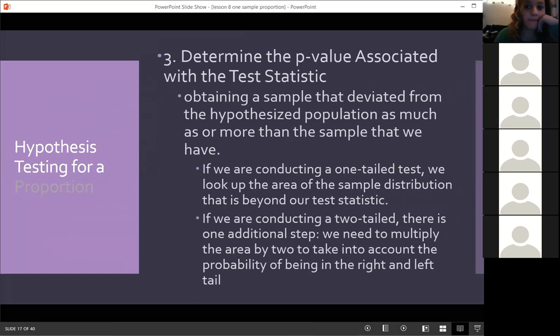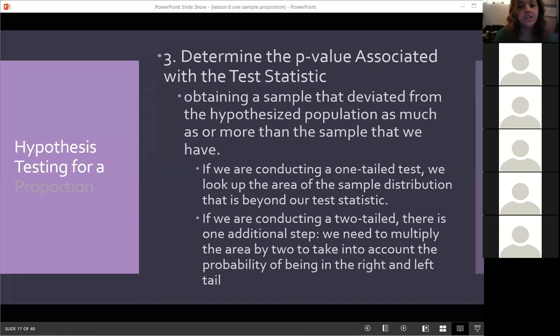So whatever test statistic you had, and you went through the sampling process, what are we going to decide that our p-value is? It's obtaining a sample that deviated from the hypothesized population as much or more than the sample we have.